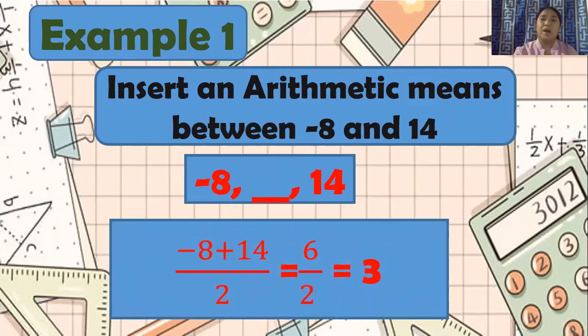We can add the first and the last term and divide it by 2. So we have -8 plus 14 over 2 is equal to 6 over 2, and that is equivalent to 3. Therefore, the arithmetic mean between -8 and 14 is 3. Kasi isa lang naman.